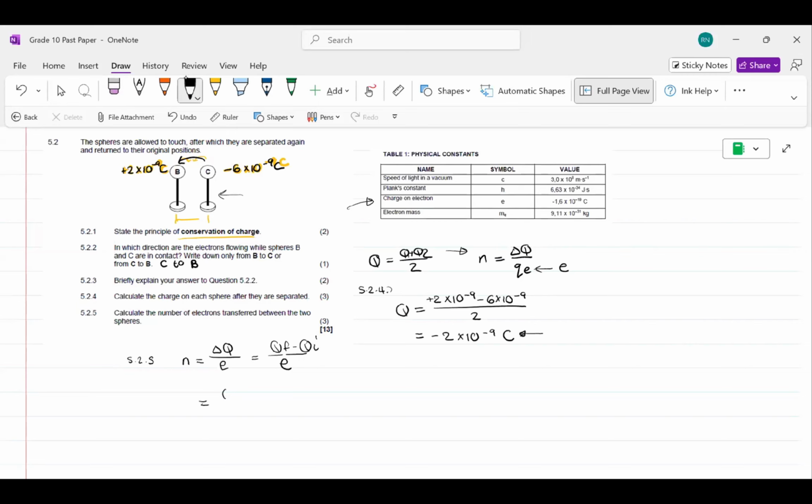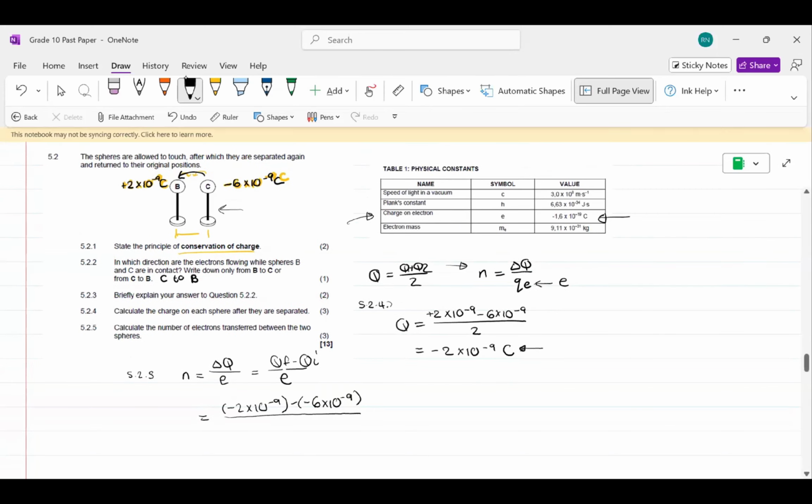So the charge that it has at the end is minus 2 times 10 to the power of minus 9, which both of them have, right? And we're going to minus the initial one, which was minus 6 times 10 to the power of minus 9, all over the charge of an electron, which we have here, right, as minus 1.6 times 10 to the power of minus 19.